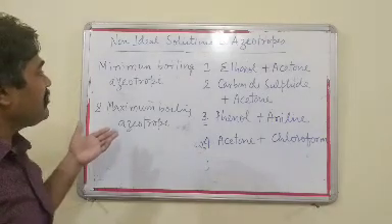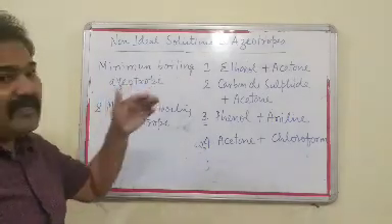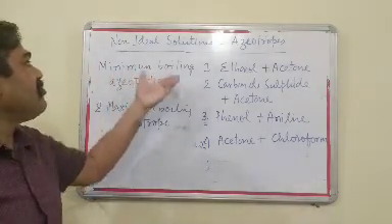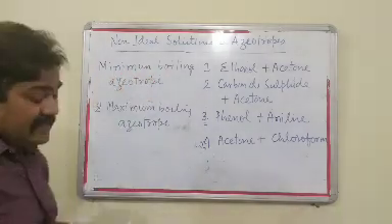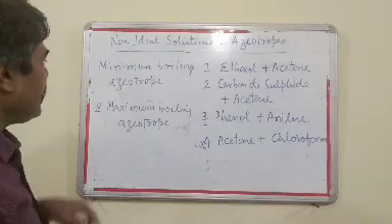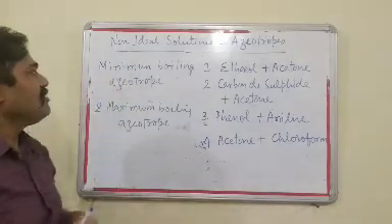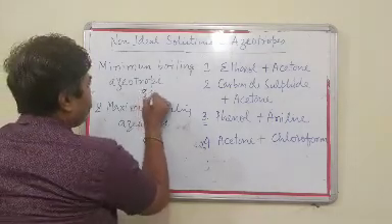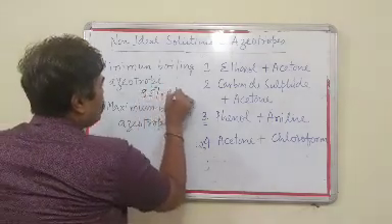So they have escaping tendency, so they boil at lower temperature. That's why they are called minimum boiling azeotrope. Another good example of this type is the mixture of 95% ethanol in water.